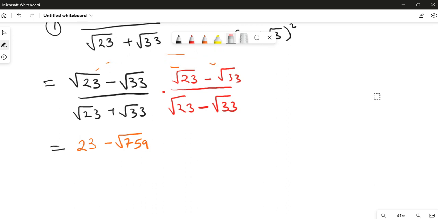Then again, this time we say the square root of 33 times negative... the square root of 33 times the square root of 23 gives us again the square root of 759.